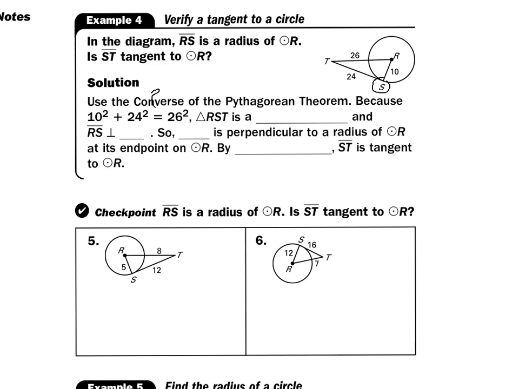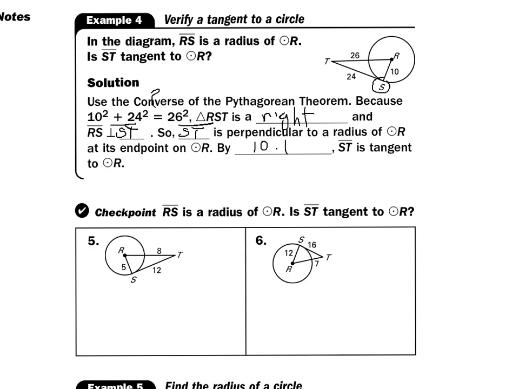So therefore, triangle RST is a right triangle, and RS is perpendicular to ST. So ST is perpendicular to the radius of circle R, and it's at its endpoint on R. So by theorem 10.1, it's a tangent.